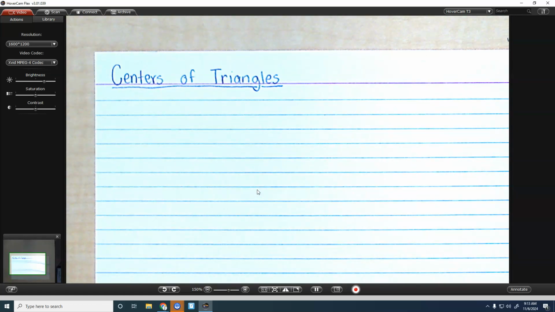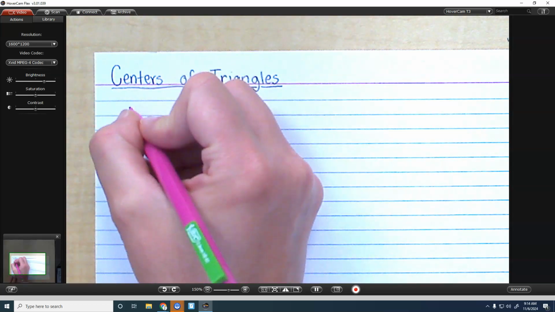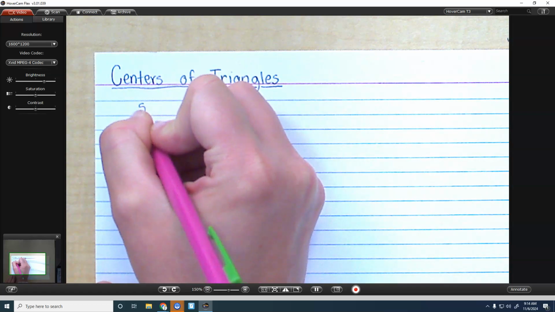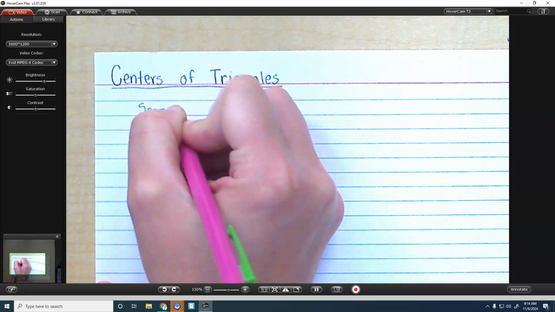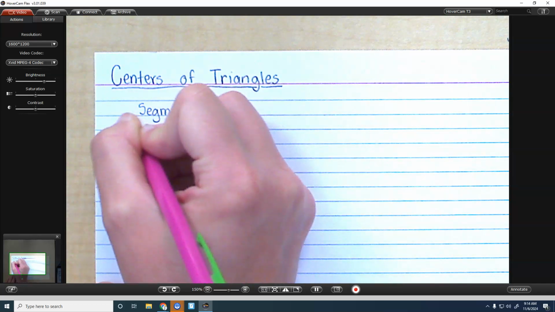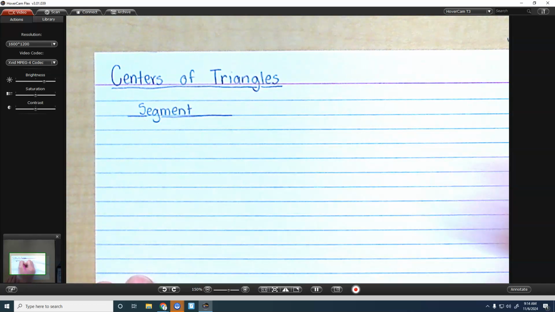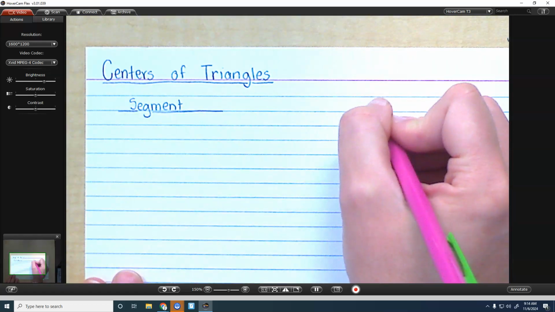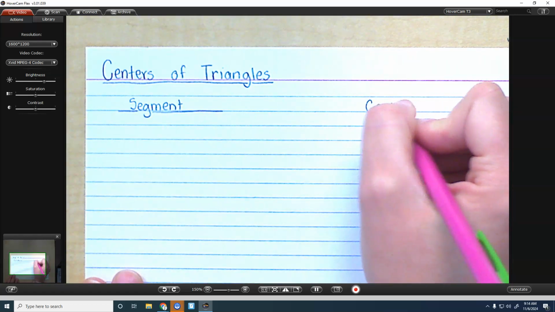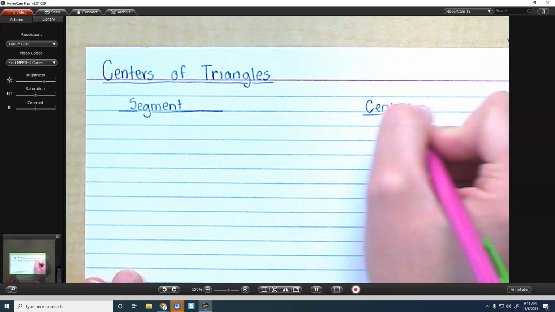So what I'm going to do is kind of make myself like a chart. And I'm going to put a picture of the segment itself, and then I'm going to put a picture of what the center part looks like. So I'm going to do my segment over here, and I'm going to do my center over here.